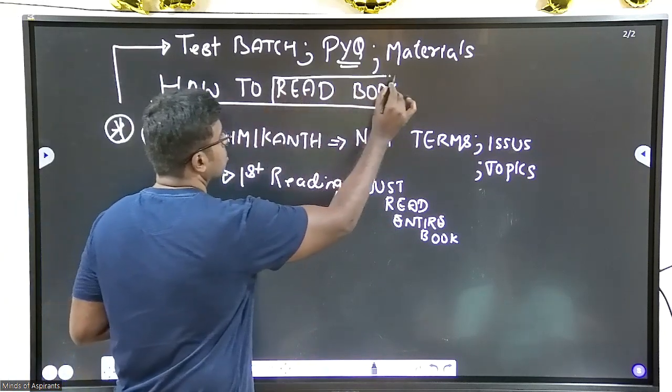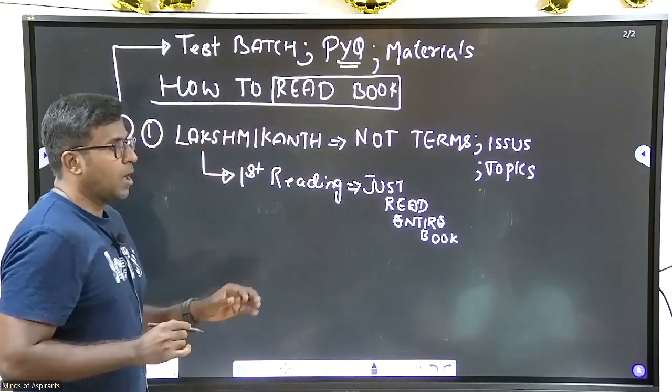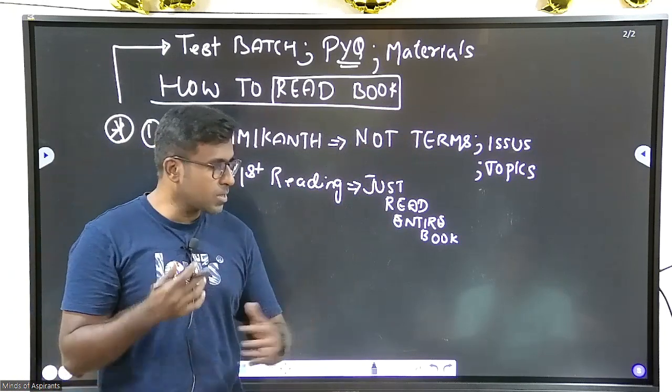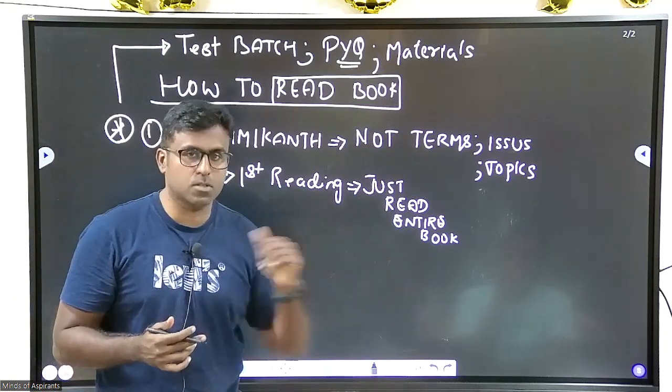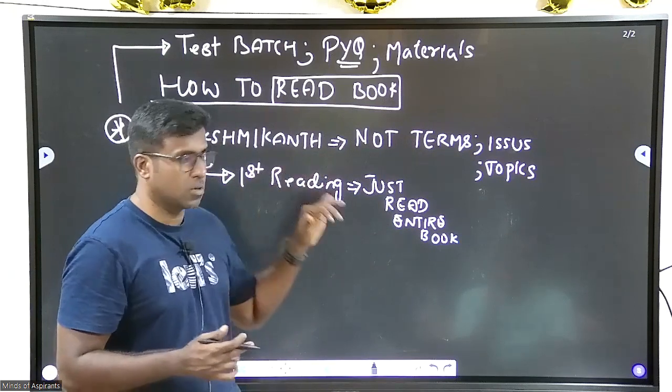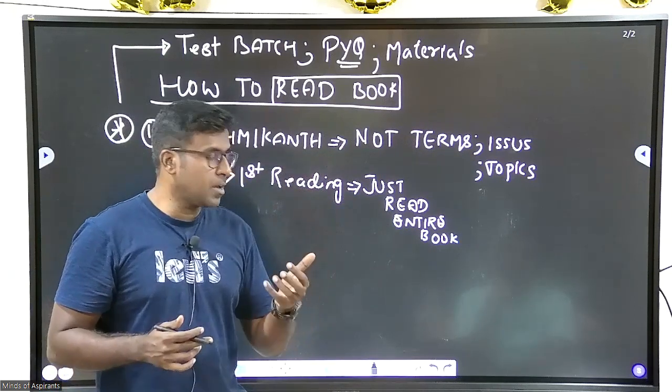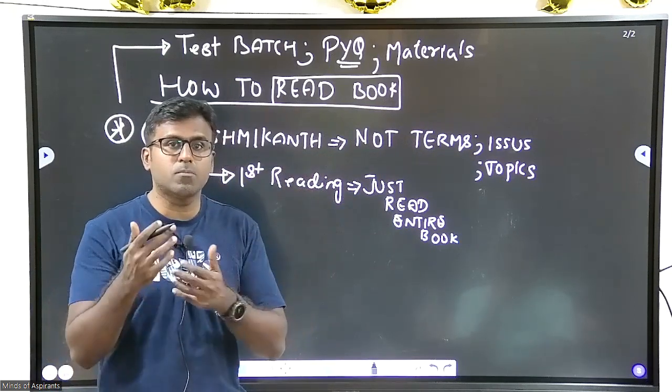As I told you, I'm going to talk about how to read a book, and along with that, how to read a civil services book. This is an example which I took. But many are not able to read general books also.